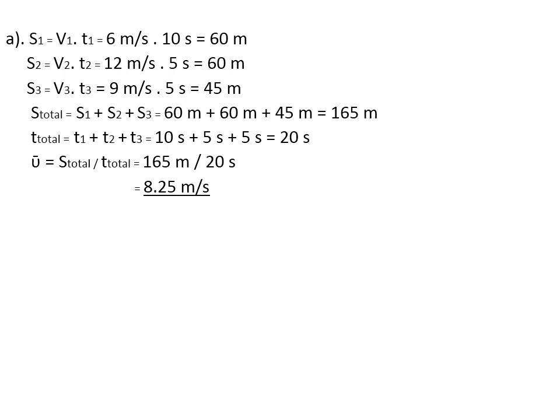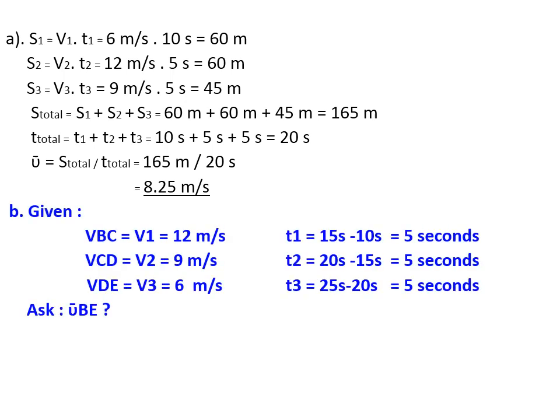From the graph for question B, we can get the information, given VBC equals V1 equals 12 meters per second. T1 equals 15 seconds minus 10 seconds equals 5 seconds. VCD equals V2 equals 9 meters per second.